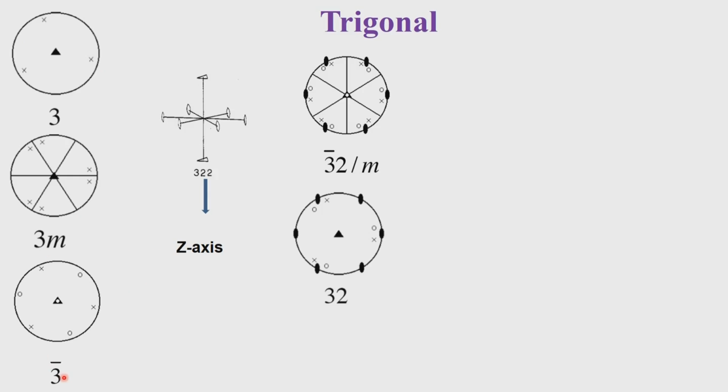And then the 3 bar m operation, which takes the threefold object onto an inverted threefold object. So you see there is a symmetry between the 3 open circles and a symmetry between the 3 closed circles.